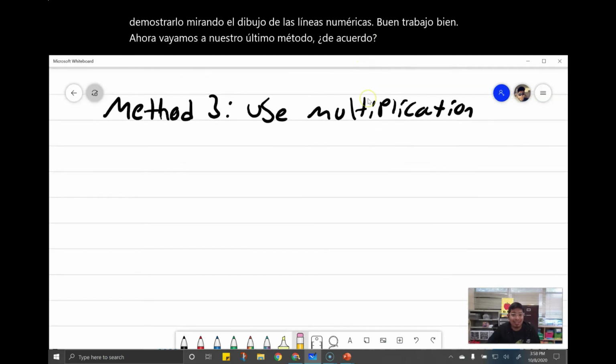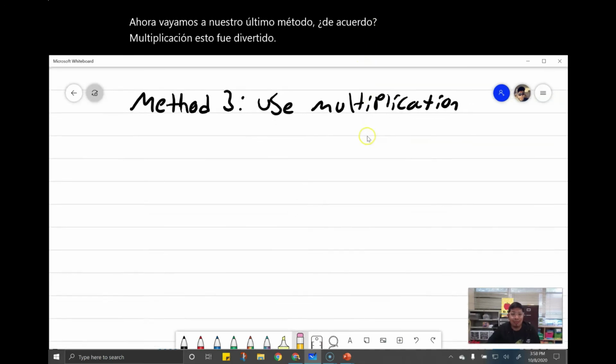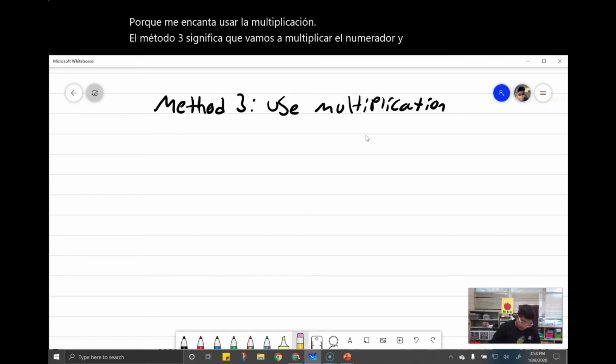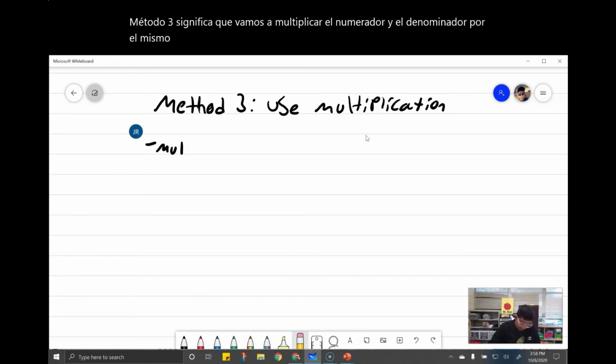Multiplication. This one's fun because I love using multiplication. Okay, method 3. Method 3 means we're gonna multiply the numerator and denominator by the same number, okay? Make sure you write that down.